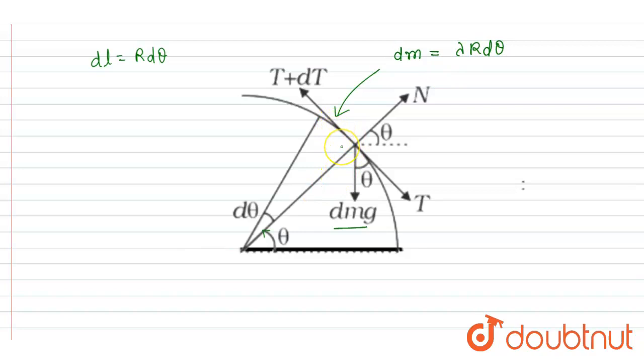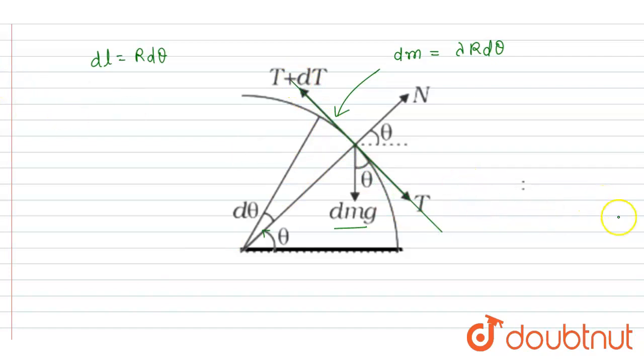This is stationary, so the net force on this should be equal to 0. Along the plane, the net force would be equal to 0.